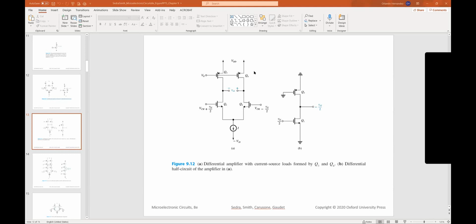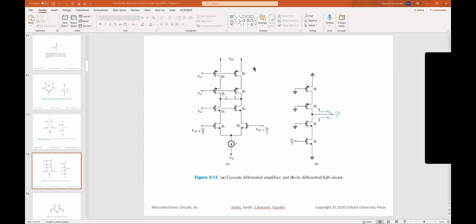talk about an improvement on the differential pair, because we saw how the technique of cascoding can improve the gain of our gain cells. And then the question is, why don't we do the same for the differential pair? And in fact, that's what we want to talk about next, which is cascoding the differential pair. So this is how it's going to look.